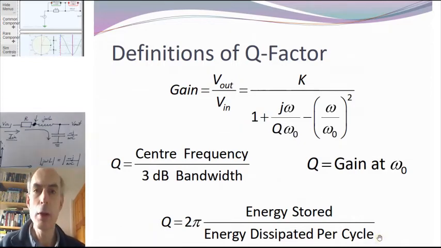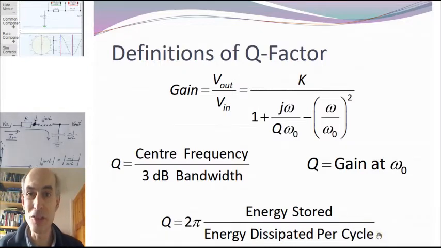But they also dissipate energy per cycle because some current is flowing through that resistor. And the current flowing through that resistor generates heat, and that's energy lost. The ratio of the energy stored in the electric and magnetic fields in the capacitor and inductor to the energy dissipated in the resistor, that's another way in which you can determine the value of Q.